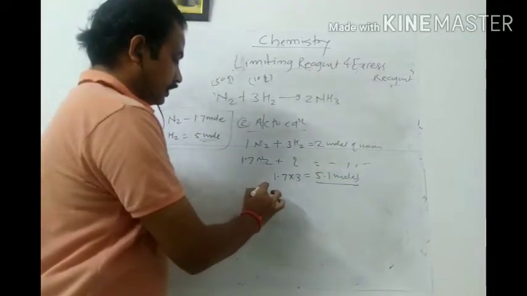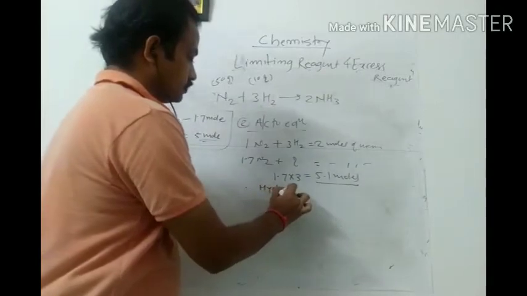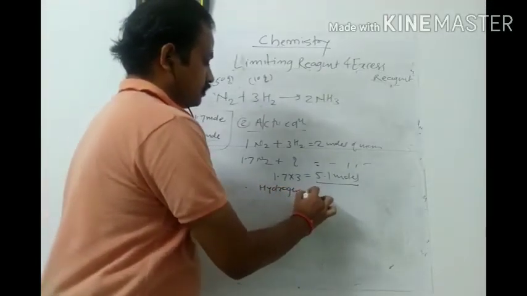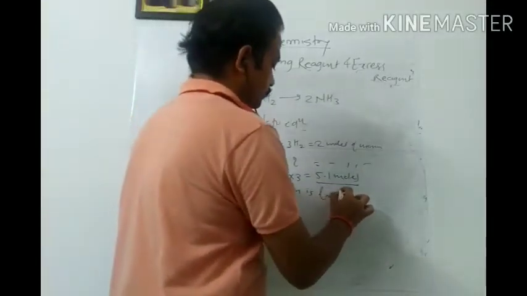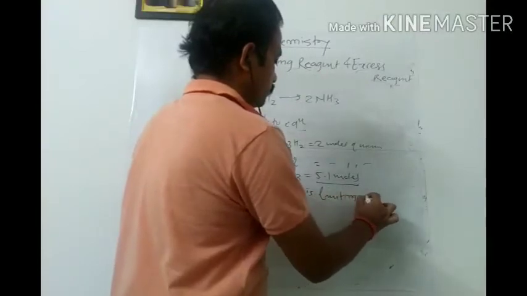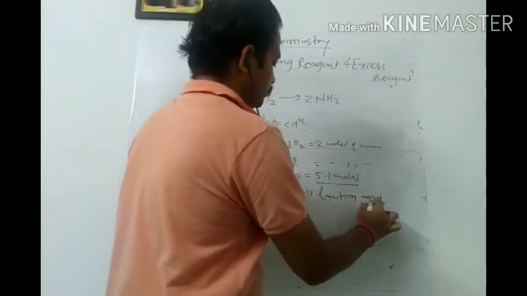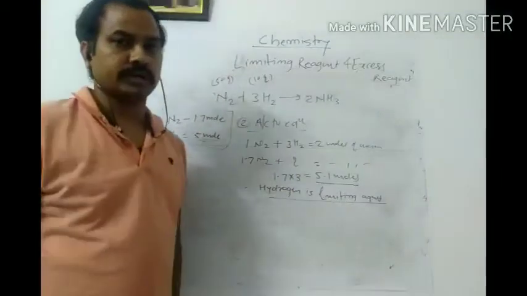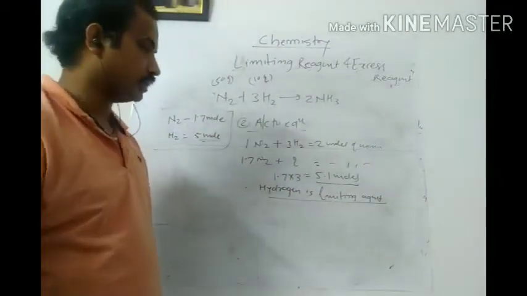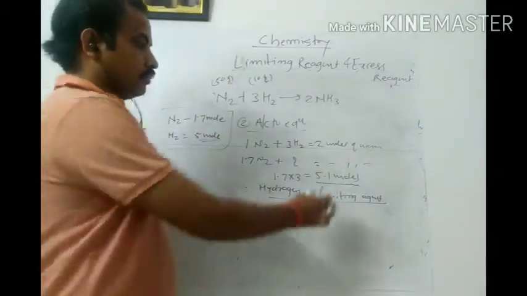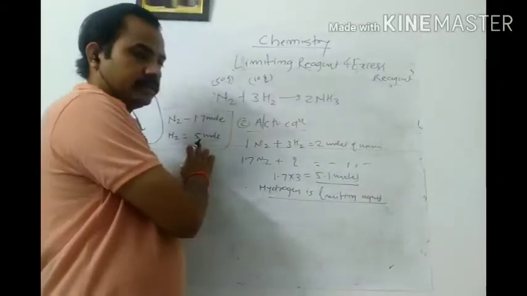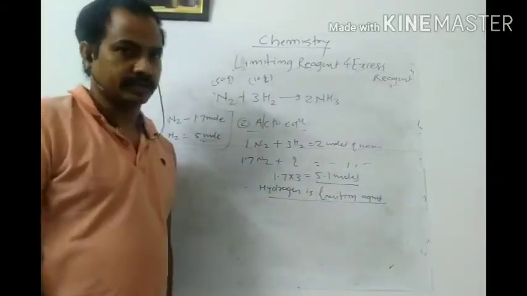Therefore hydrogen is the limiting reagent. The reactant which gets completely consumed is called the limiting reagent. So 5.1 required is more than 5 available, so we can say that hydrogen is the limiting reagent.